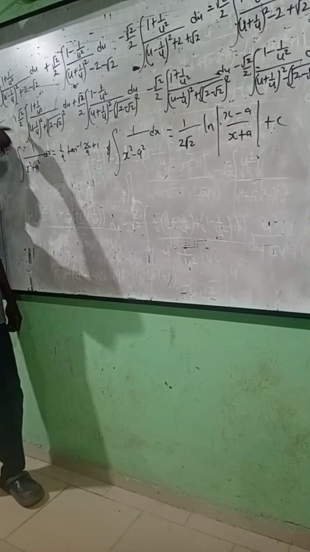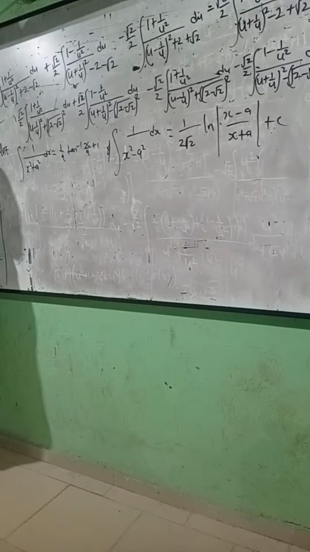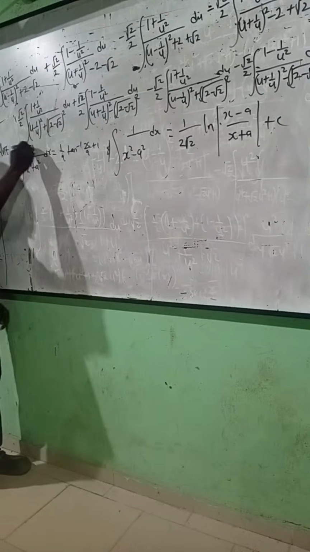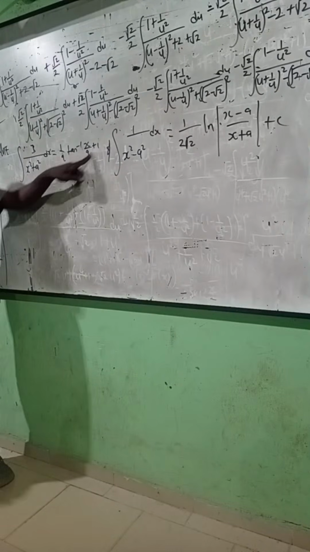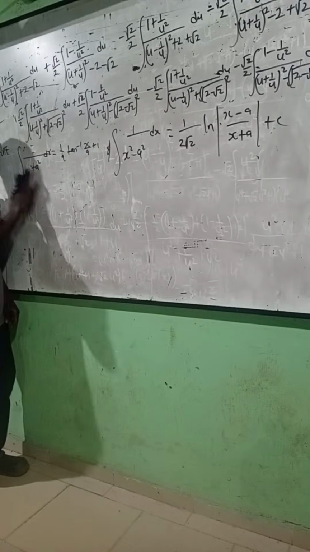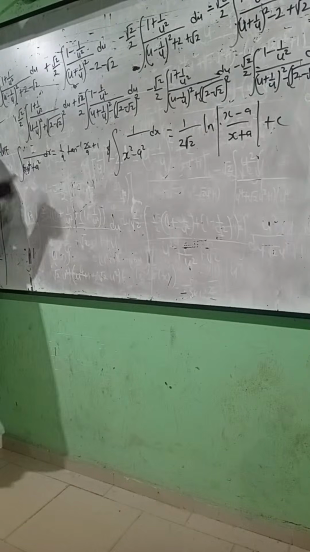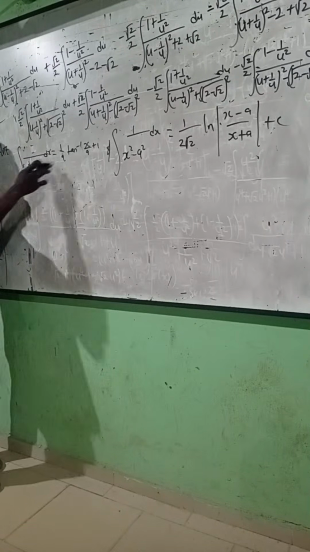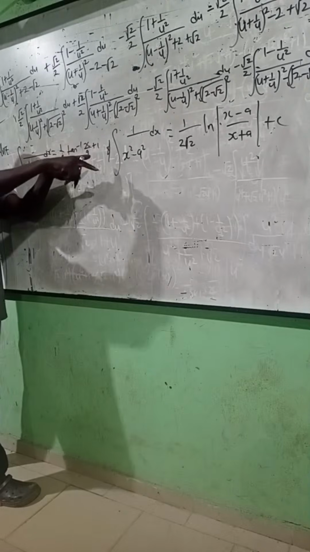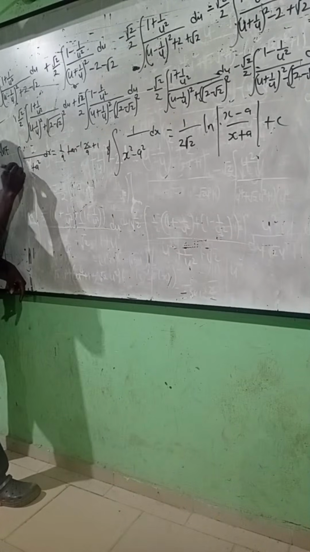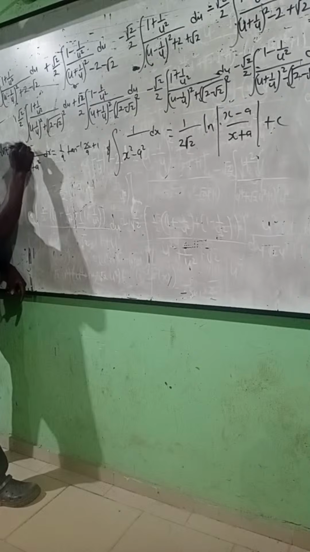So if you differentiate x, you get 1. Are we together? If you have 3 here, this is wrong. You can still have x plus 1 all squared here. It's still correct because if you differentiate x plus 1, it's still 1. So here I will have x plus 1 instead of x. So x squared. Here you have your 1.